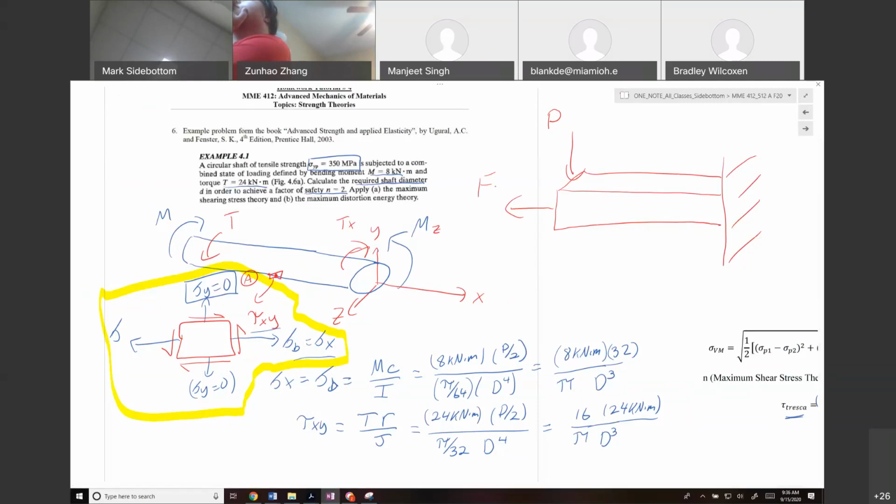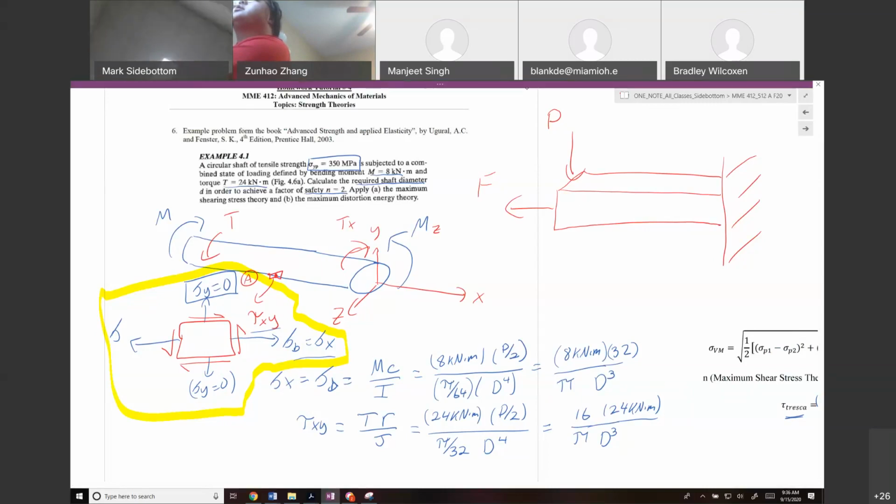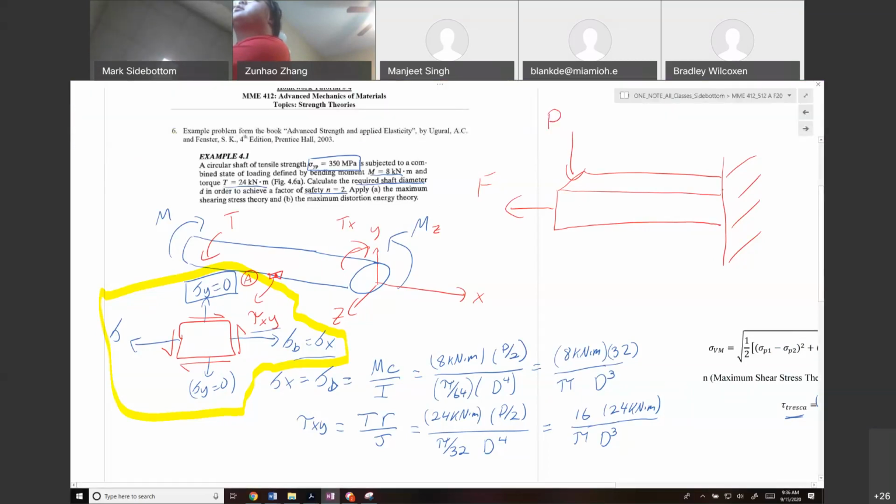It's fixed at a wall, right? So where would the maximum stress be in this case? Up and below. It would be where? Up and below have the normal stress. Would it be here? Would it be at like the wall?